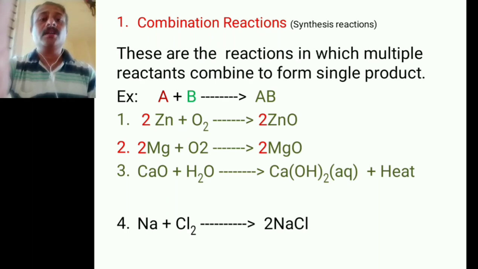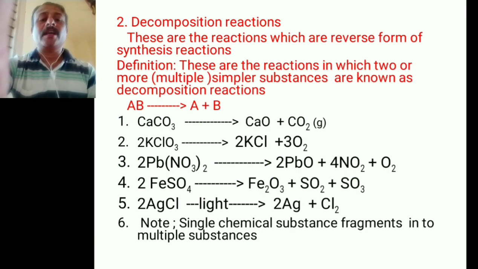When you add it to water, it forms calcium hydroxide and heat is liberated. That is also a single product, calcium hydroxide, which is aqueous. And next, NaCl. How is it formed? It is formed by the combination of sodium plus chlorine. When sodium and chlorine combine, it forms sodium chloride. That is also a common example of combination reaction.